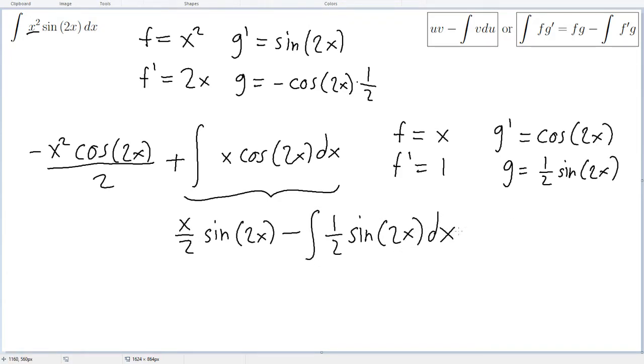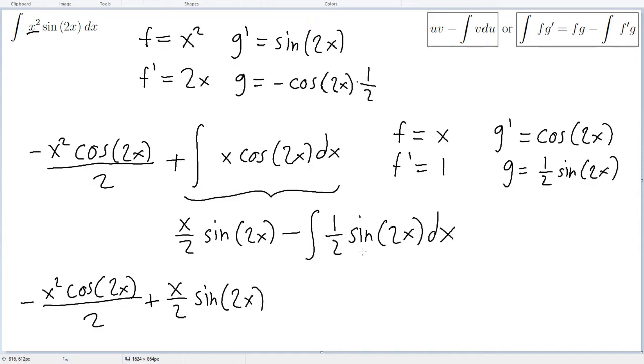Let me write these two answers first: negative x squared cosine 2x over 2 plus x over 2 sine 2x.